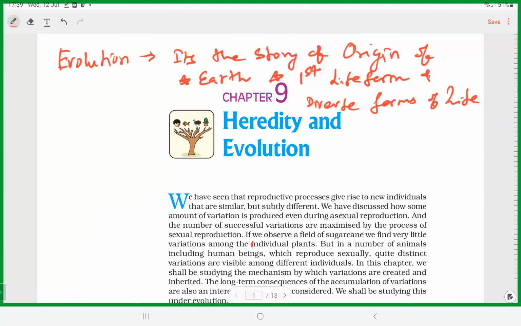A lot more concepts, theories and stories are connected with this. But for our class 10 students, according to this particular chapter, let's understand the components of evolution. This evolution has three components. What are they?